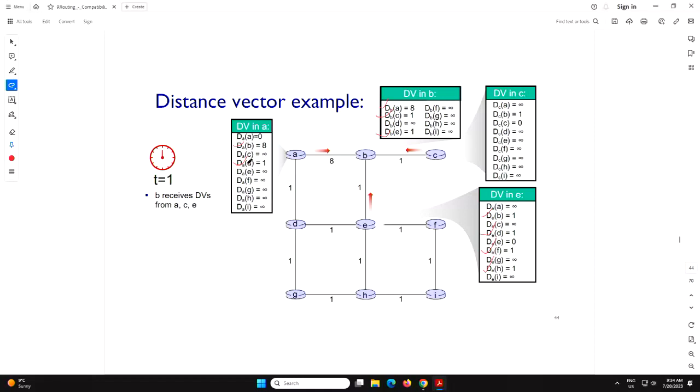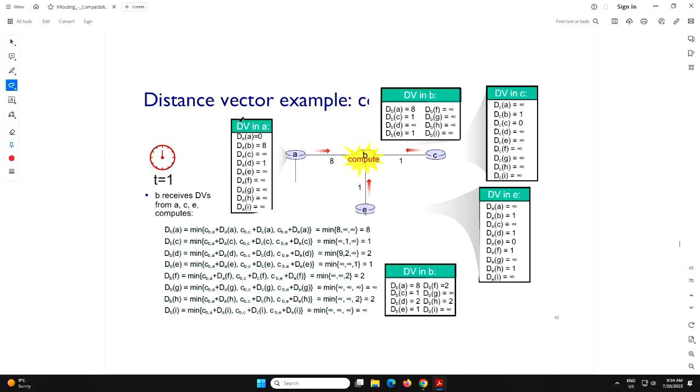Now you have to exchange with your neighbors. So here we are saying at this time, B has received distance vectors from A, C, and E, okay? So we are combining.